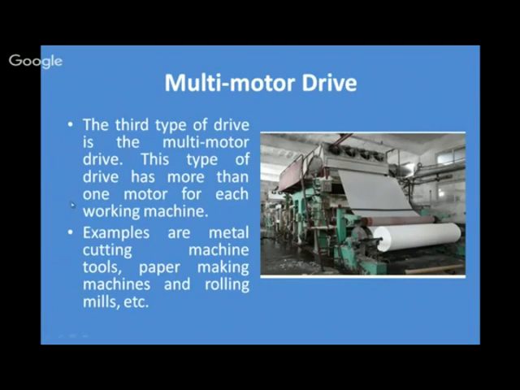For example, we have the paper industry or machines which are used for metal cutting. These will require a number of motors or movements in the machinery. So we will have a number of drives being controlled simultaneously, and they are controlled in a fashion that all the drives work in a proper manner so that the final product is achieved.